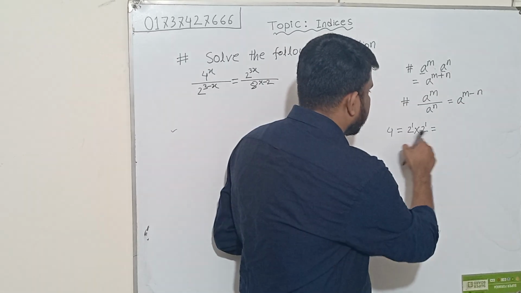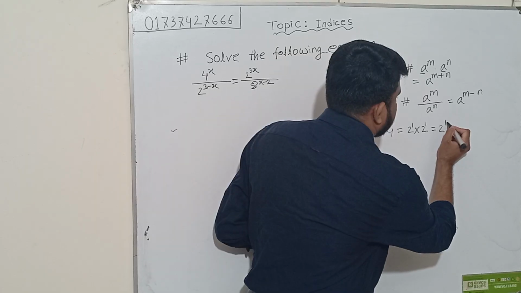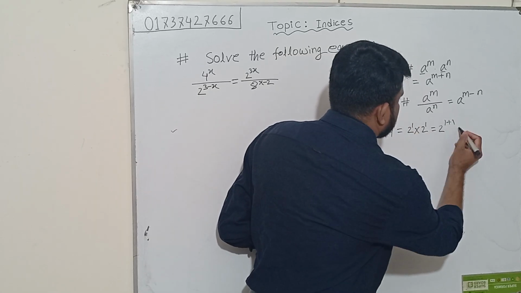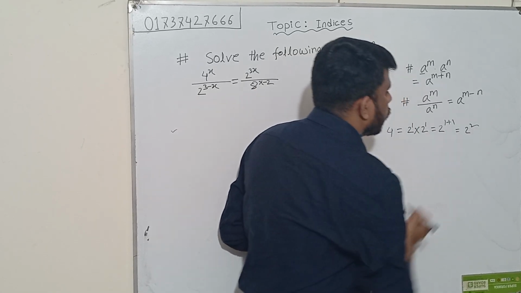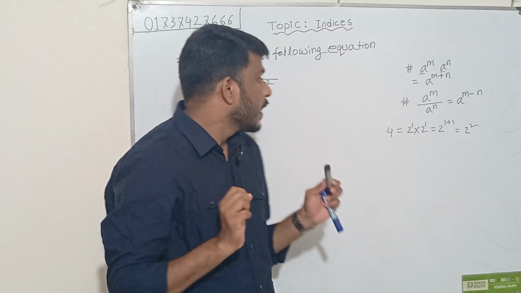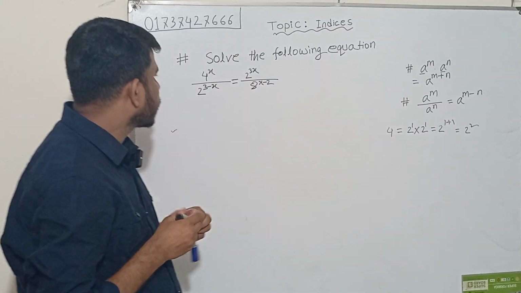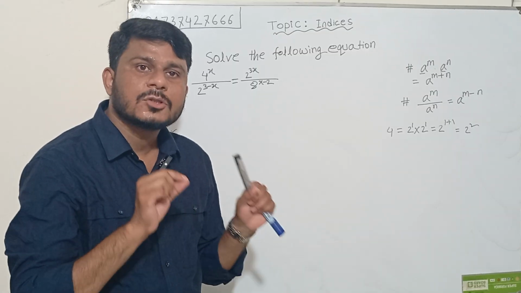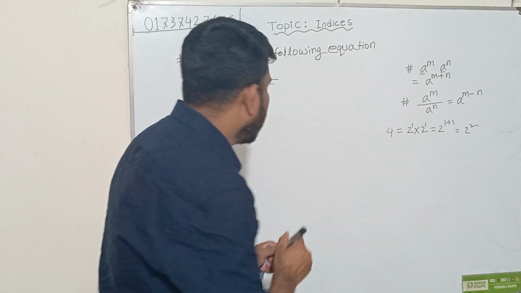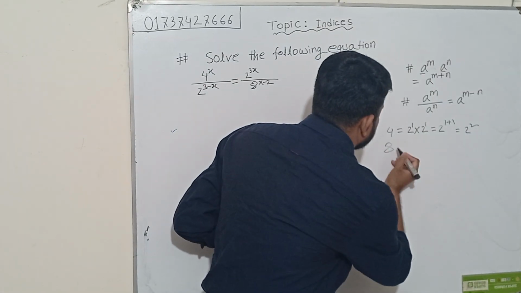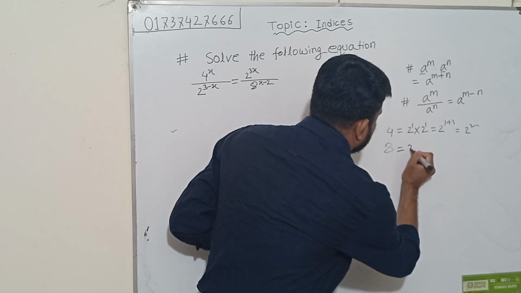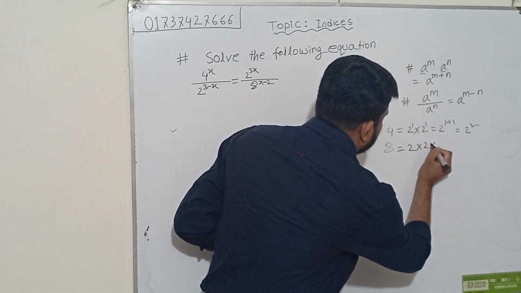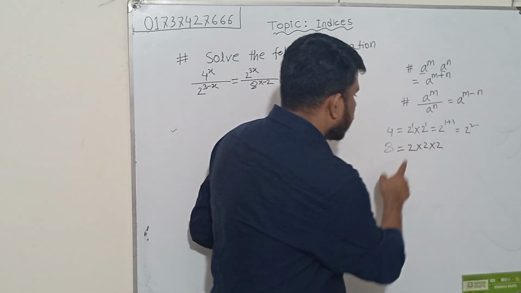Since the bases are the same, we can add the powers together, 1 plus 1, and this is 2 squared. Another thing is this 8. We have to make it base 2 with some power. So 8 equals 2 multiplied by 2 multiplied by 2.